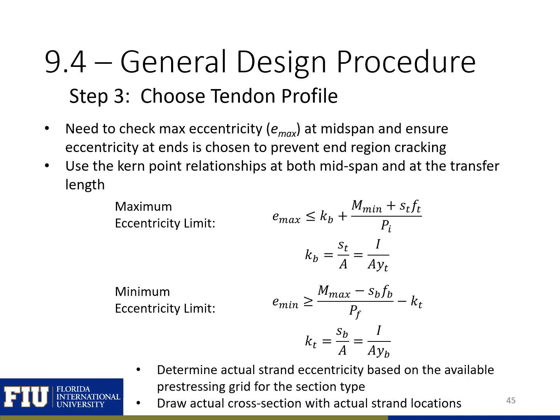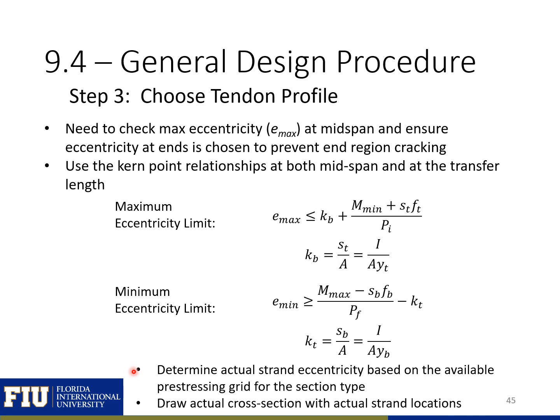Next, we need to choose our tendon profile. We can choose our tendon profile based on our minimum and maximum eccentricities that are allowed from our Kern point expressions. So we would find an e-min and e-max at the transfer length and also at midspan of our section, and then we would try to keep our actual tendon profile between those limits. The actual location of our strands would be based on the available pre-stressing grid for the section, so we can only put a strand in an available strand location.